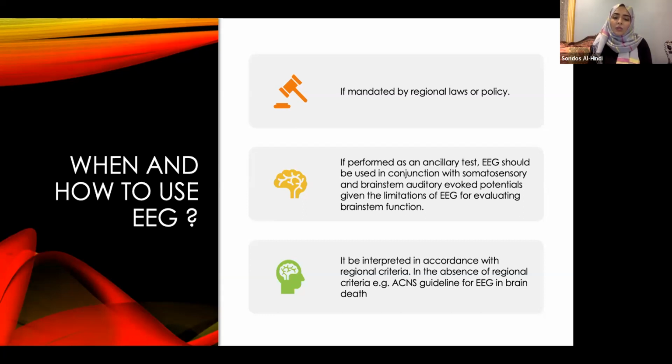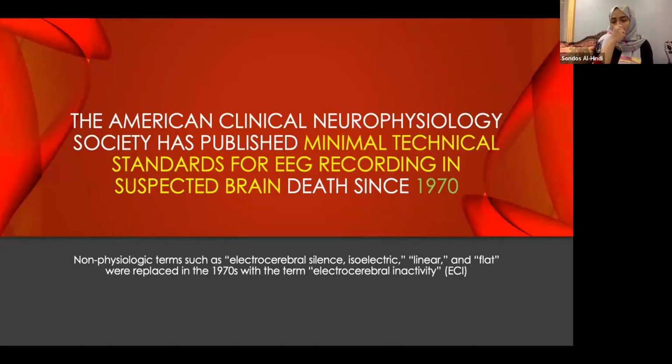And again, when you use it, you have to really be cautious about how you're using the EEG. You should use it according to the guidelines of the EEG and interpret it according to your regional guidelines. If you don't have regional guidelines, try to follow one of the international published guidelines like the ACNS guidelines. One of the most strongly used guidelines is the American Clinical Neurophysiology Society guidelines, which first published the minimum technical requirements for brain death back in the 1970s.